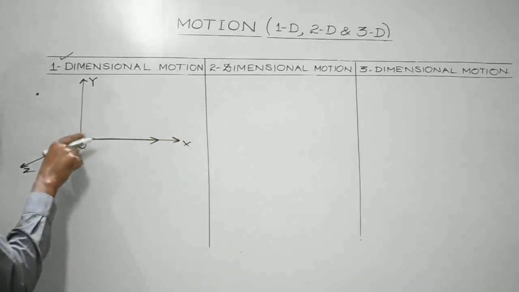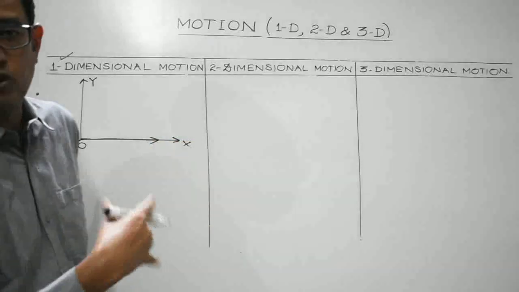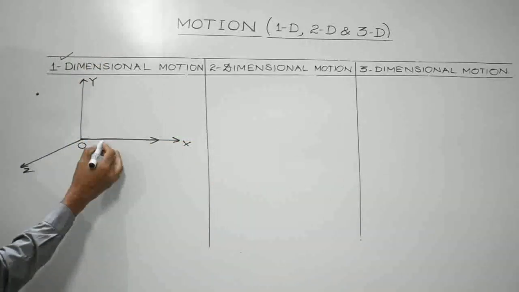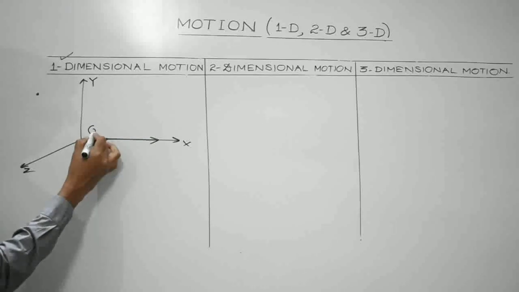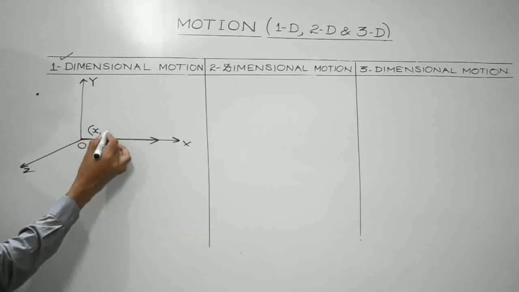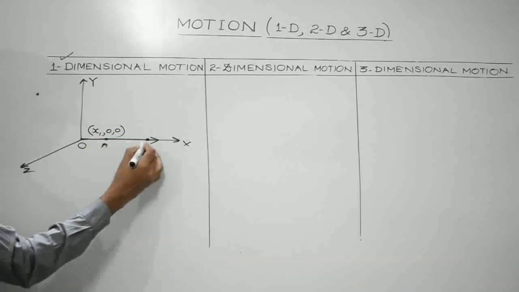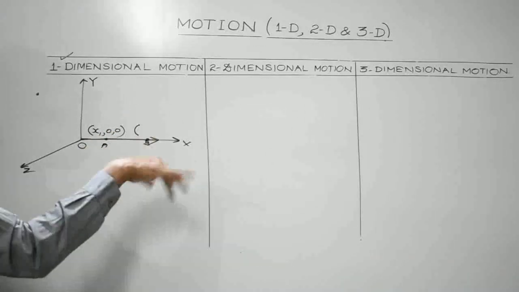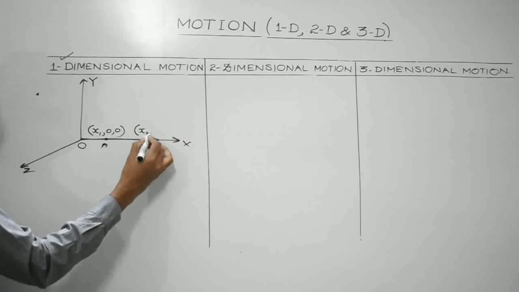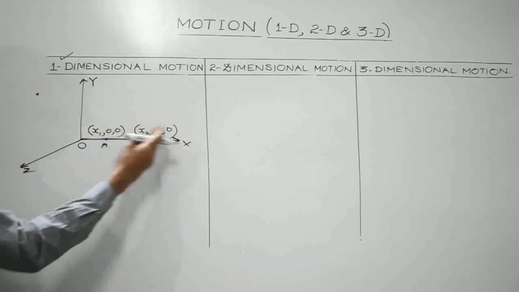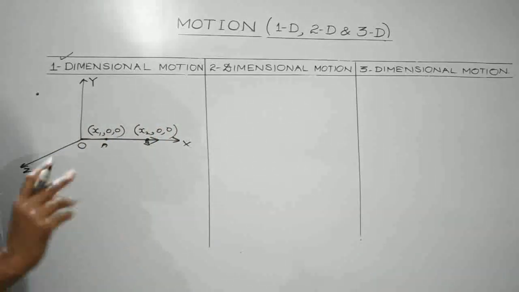So with the passage of time, only the value of x will change. Here, if the value of x is x1, then the y coordinate is 0 and the z coordinate is 0. And if the body is at position B at some later instant of time, then the value of x will have changed, while y and z remain constant. They can be either 0 or any constant value.